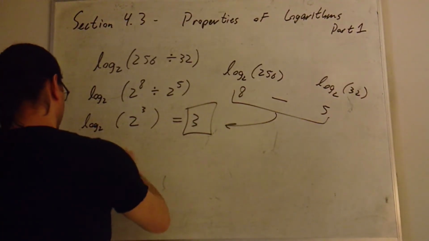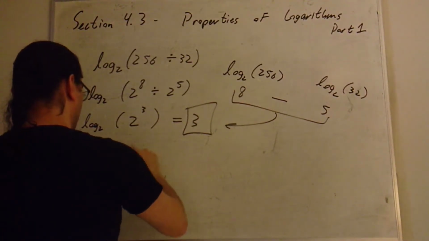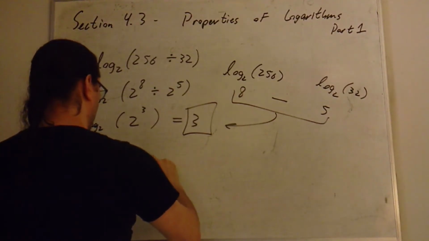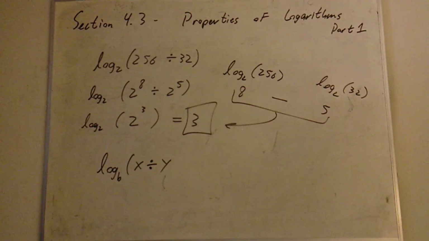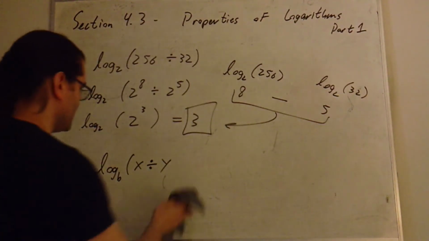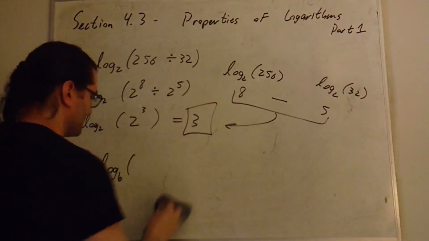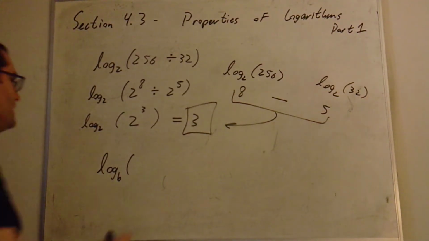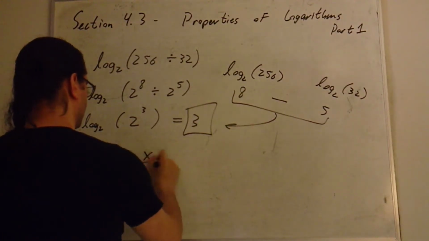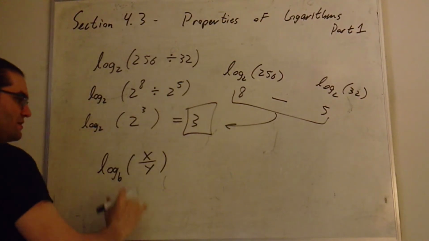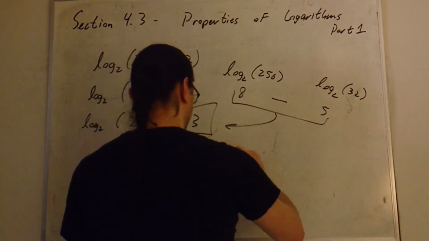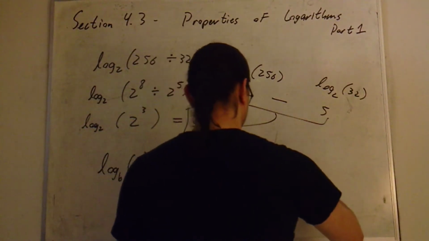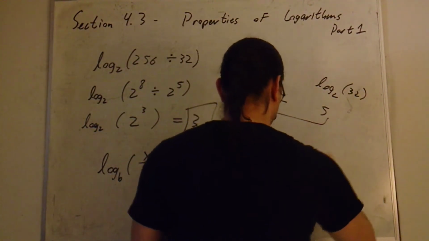As a property of logs, that one looks like, actually, you know what? I'm not going to use this division symbol. I'm going to use a fraction bar. The log base b of x over y, because this is what your homework's going to look like, is the log base b of x minus the log base b of y.